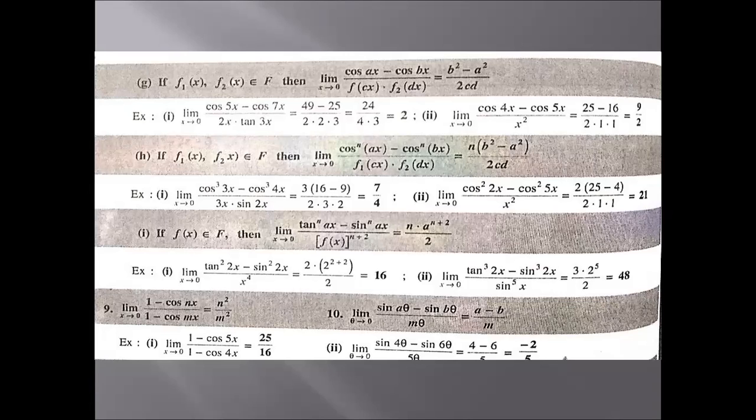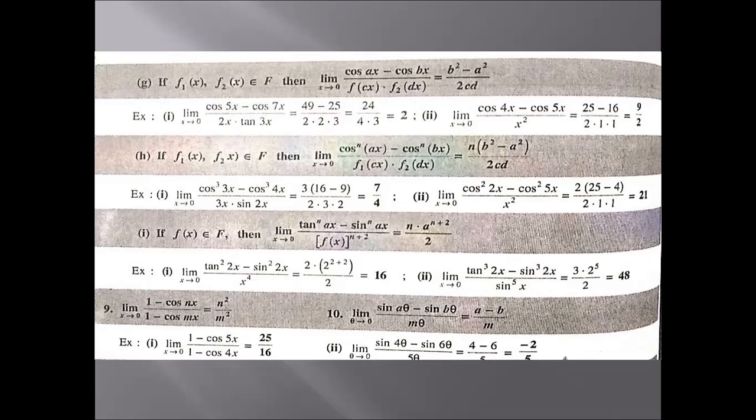For example, limit x tending to 0 of cos 5x minus cos 7x divided by 2x into tan 3x is equal to 49 minus 25 divided by 2 into 2 into 3. The answer will be 24 by 4 into 3. Answer is 2. Limit x tending to 0 of cos 4x minus cos 5x divided by x square. The answer is 25 minus 16 divided by 2 into 1 into 1. Answer is 9 by 2.